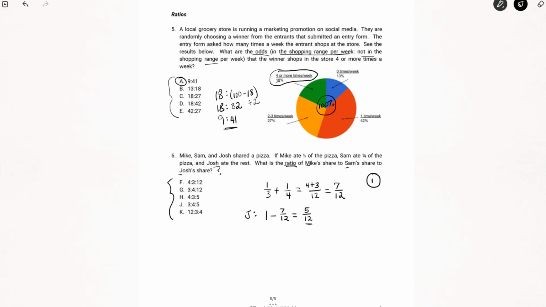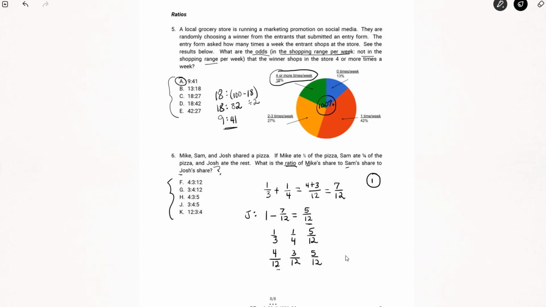To get this in a ratio form, what I have to do is compare these. They all have to have the same common denominator. So let me work on that here with Mike, Sam, and then Josh. We can look at these three fractions and see our common denominator is going to be 12. So I need to get the common denominator for Mike and Sam, and that's going to be 4/12 here and 3/12 here, and then we already had the 5/12.